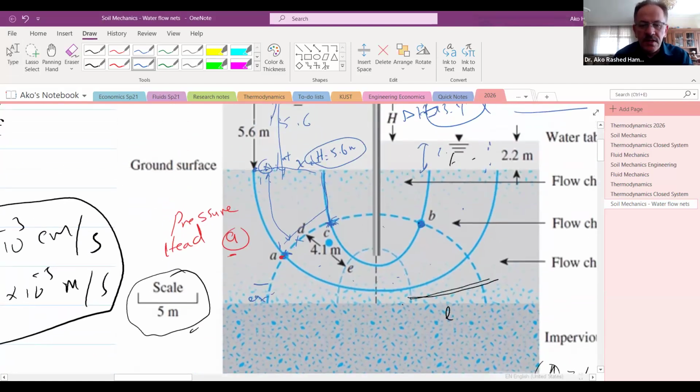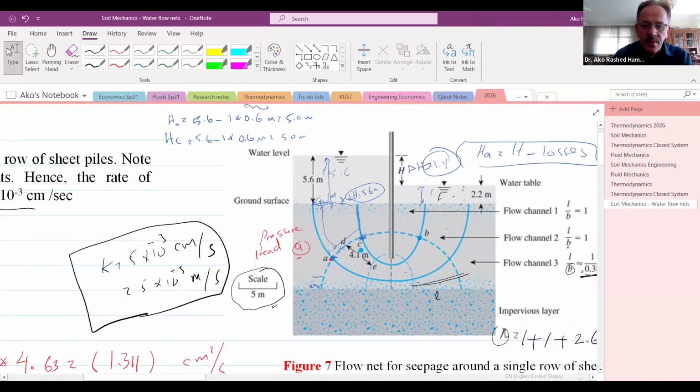Now, if you want to see at point D, what will be the pressure at point D? If I want to check the pressure at D, HD, it is coming from this side.